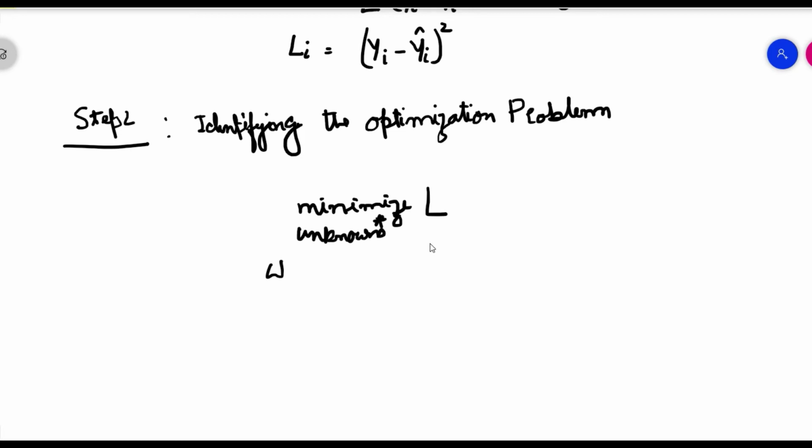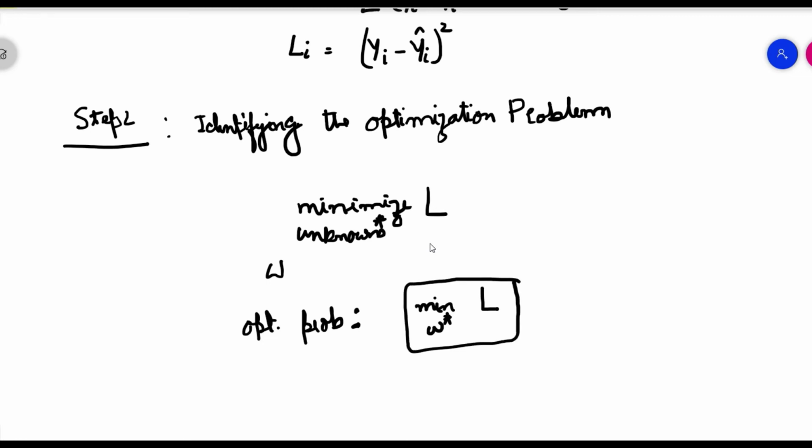So for any given model which has a loss function of L, the optimization problem is about finding the optimal value of the unknown weights that minimize your loss function. So this is your optimization problem.